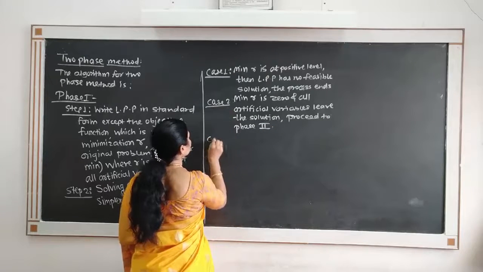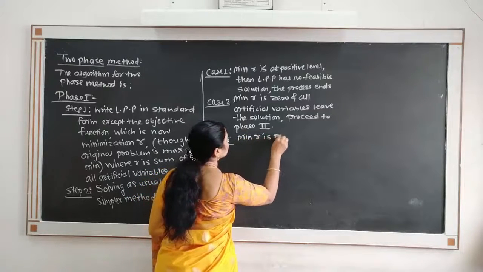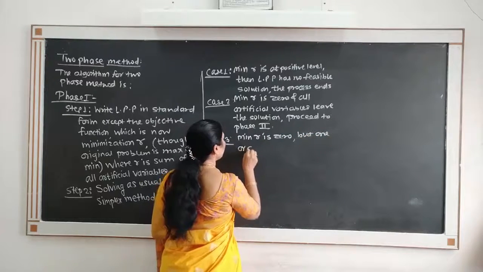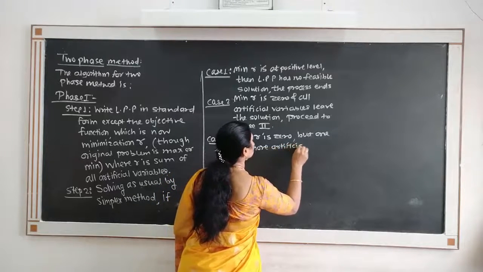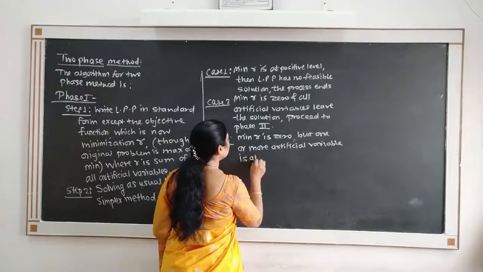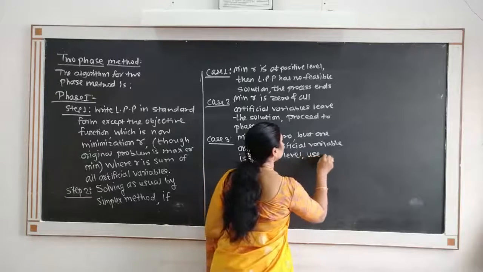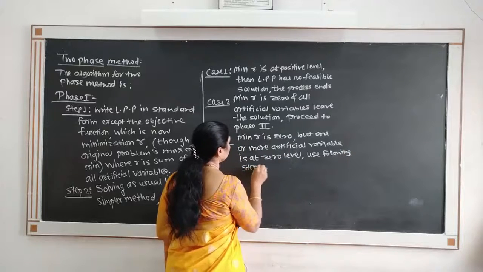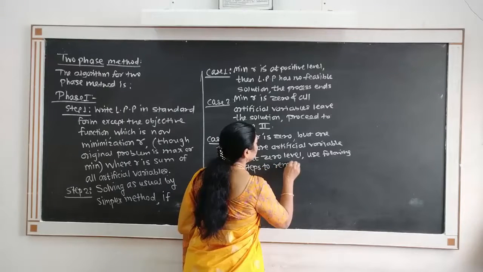And case 3, minimum R is 0 but one or more artificial variable is at 0 level. Use following steps to remove them.